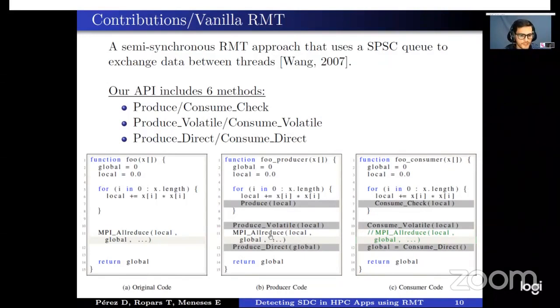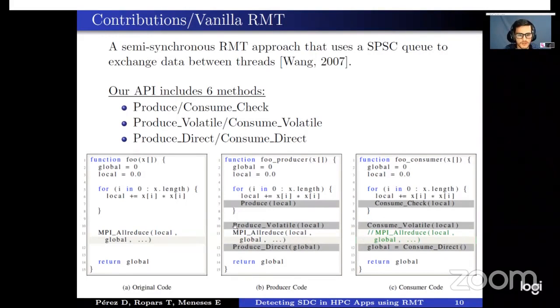Something worth mentioning is that these volatile access points, or this MPI call in this case, are not replicated. We do not want to send data twice to the neighbor or print something twice. We just want to make sure that everything is okay before continuing. So these consume and produce volatile versions imply thread synchronization.